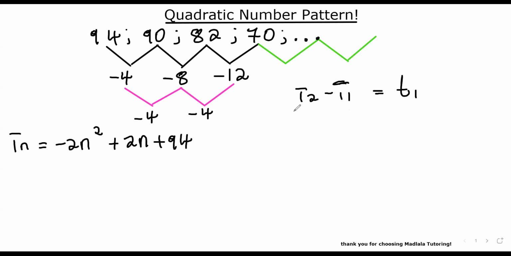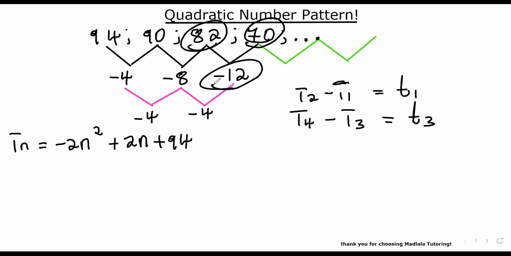Similarly, if you say term number 4 minus term number 3, you're going to get term number 3 in the linear pattern. No, it's not a lie. 70 minus 82 gave you term number 3 in the first differences.